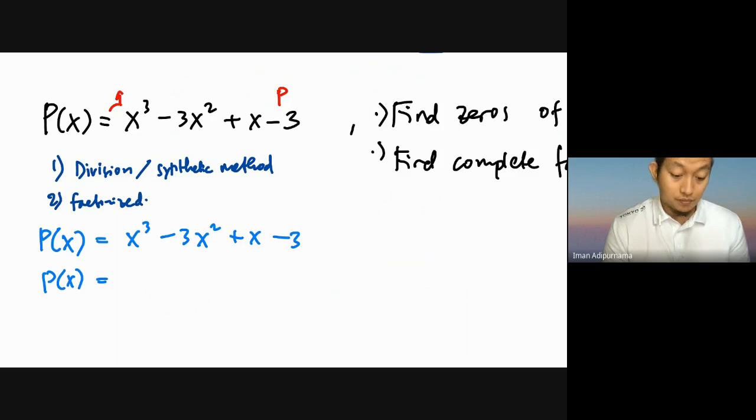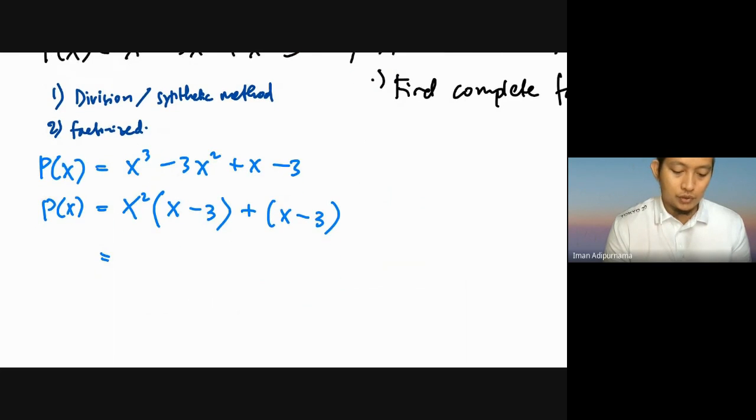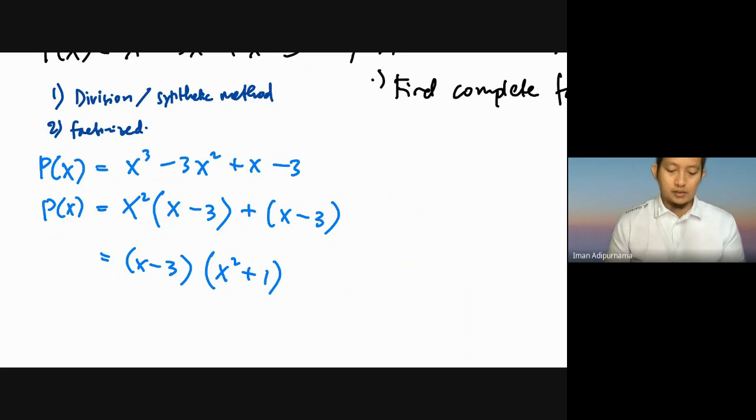you can check. For example, I will check x squared times (x minus 3). This is precisely x minus 3, right? And we can factor this and make it (x minus 3) times (x squared plus 1), right?